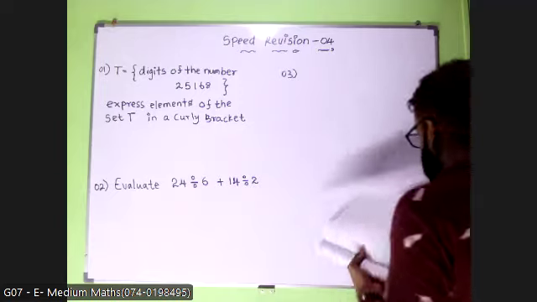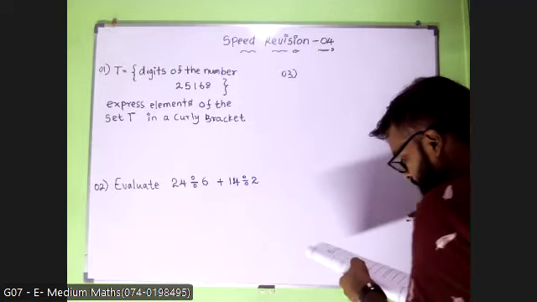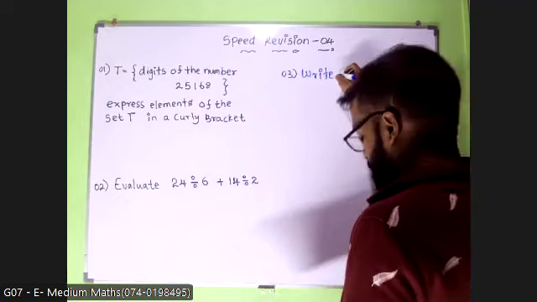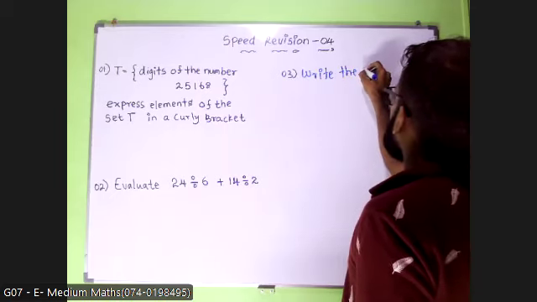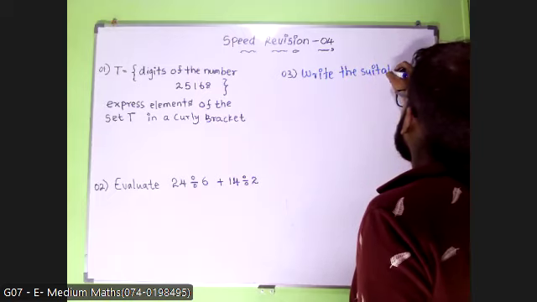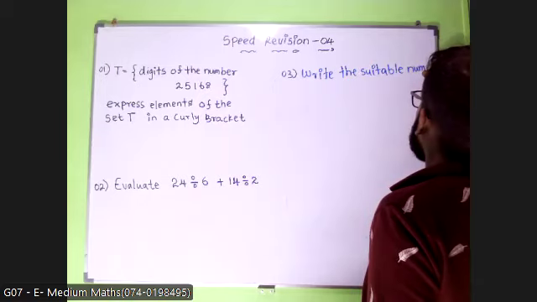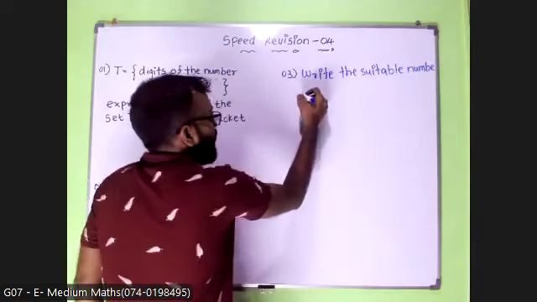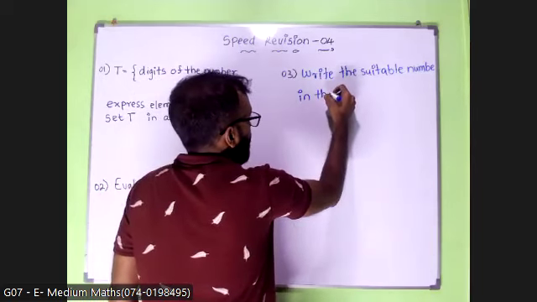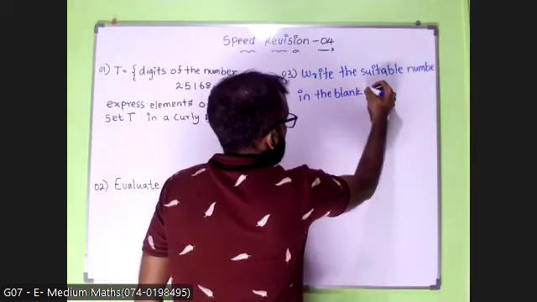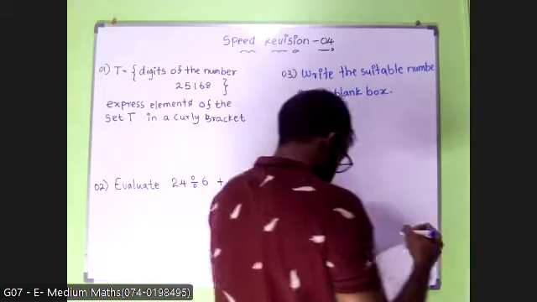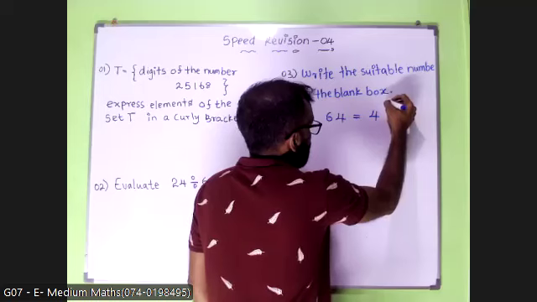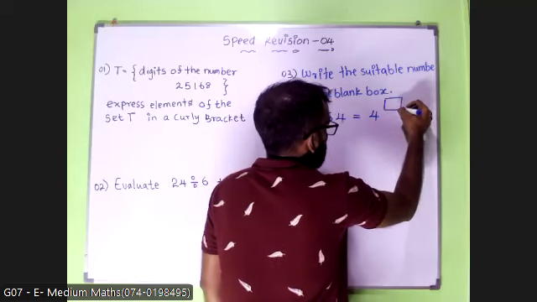Right, okay. Write the suitable number in the blank box. 64 equals 4 to the power something, right?